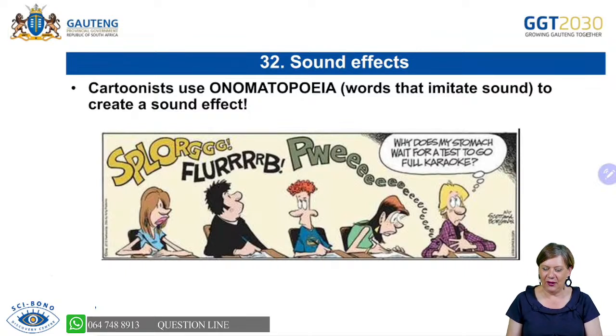Why does my stomach wait for the test to go full karaoke? And now look what his stomach is doing. Now those words are words that imitate sound. Now, obviously, when you and I read it, we laugh because it's funny, because we can just imagine these sounds. So make sure you focus on the sound effects in the cartoon.